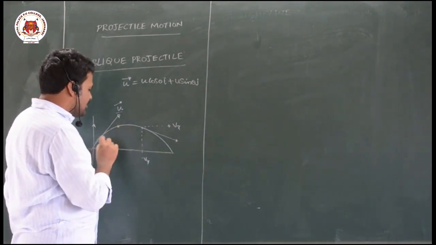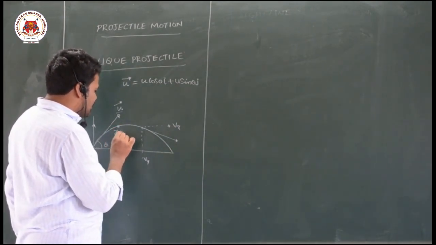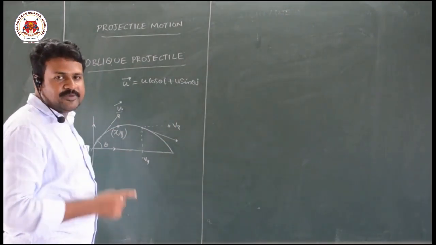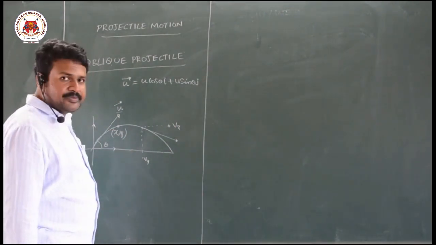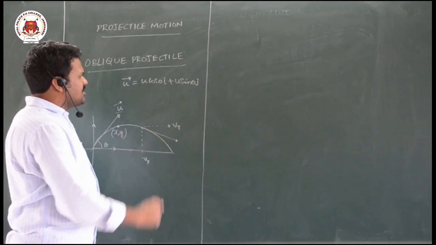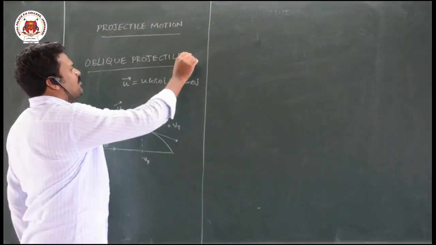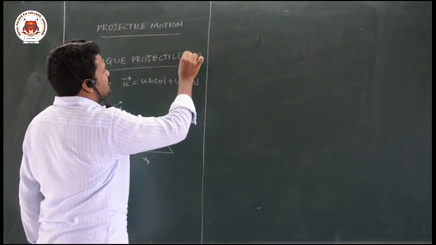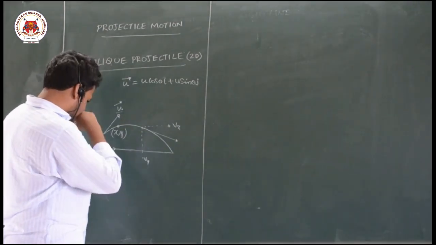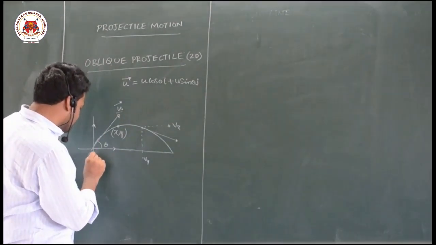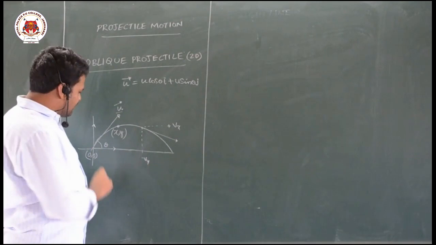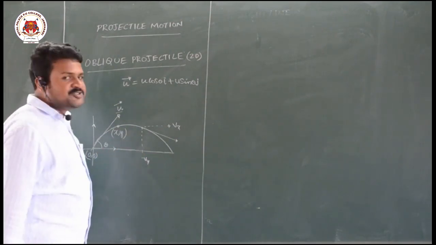Suppose the particle is here, it will have two coordinates x comma y, just like in coordinate geometry. Every point has two, that's why it is an example of two-dimensional motion, motion in a plane. At time t equal to 0 it is at 0 comma 0. After some time it has covered x as well as y.